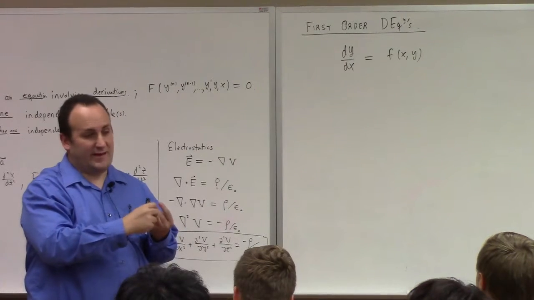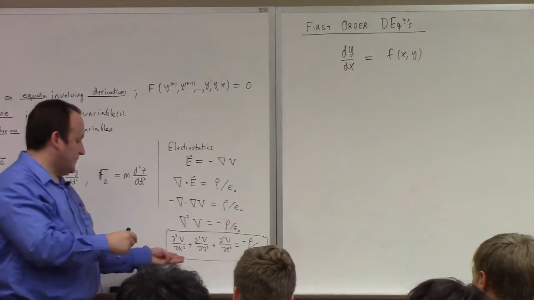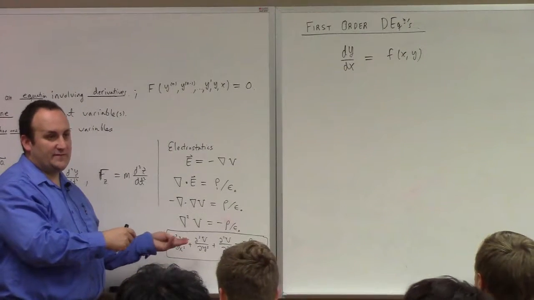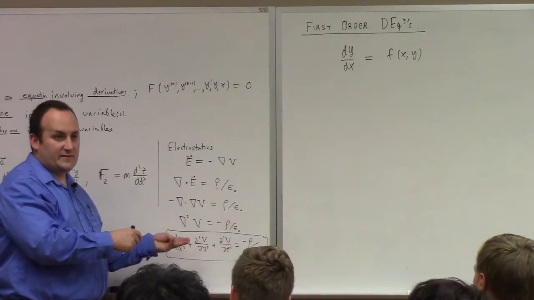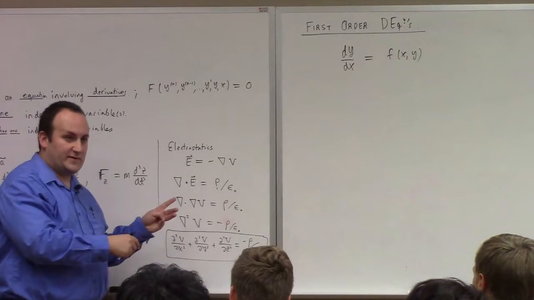Now we can't talk about the exact equation method yet, because that involves these partial derivatives. So that has to be left for Calc 3 if your instructor is a glutton for punishment, or differential equations if your Calculus 3 instructor has more sense than I do.